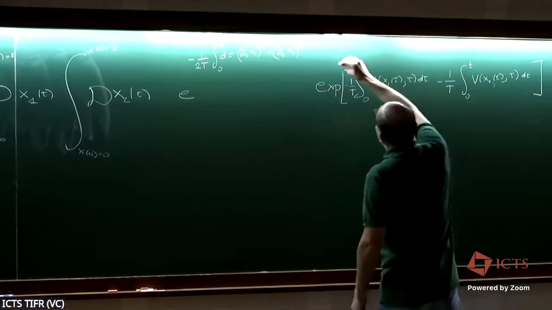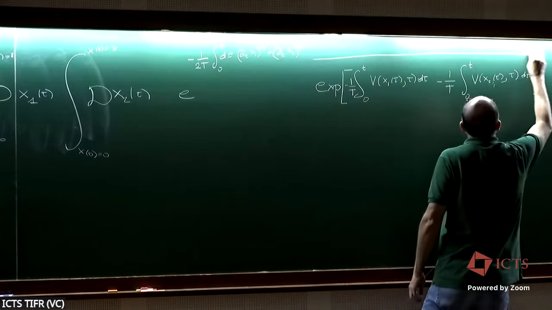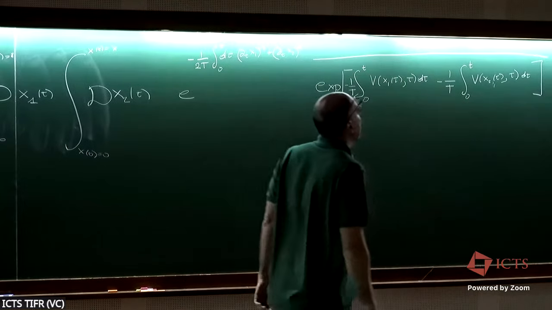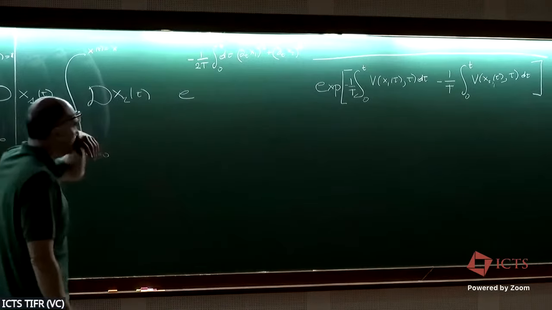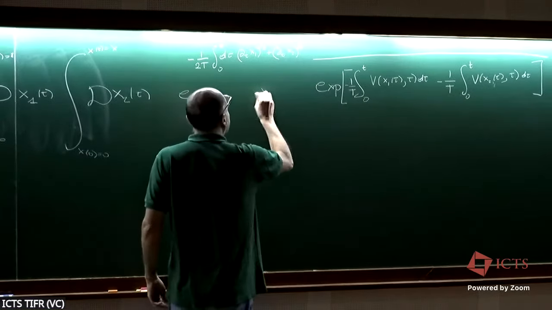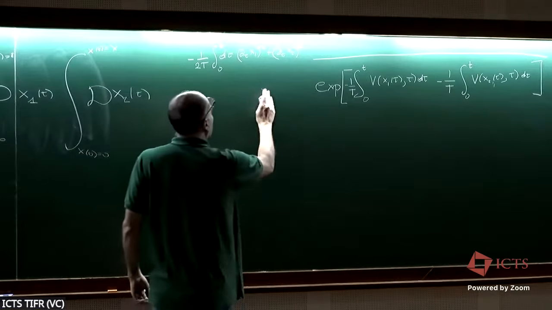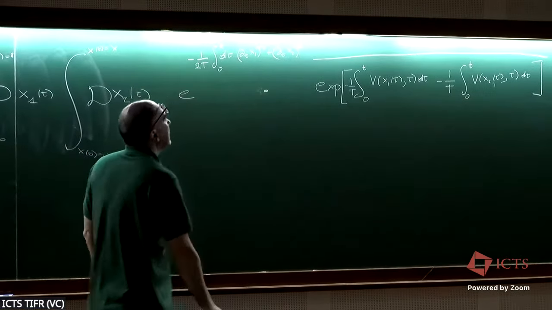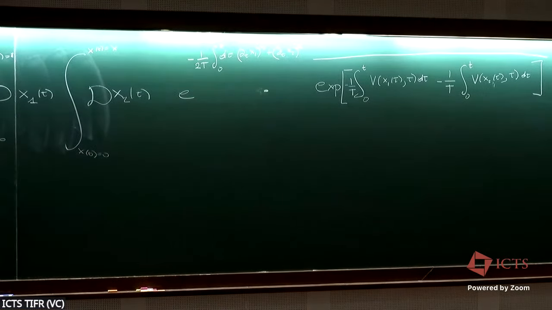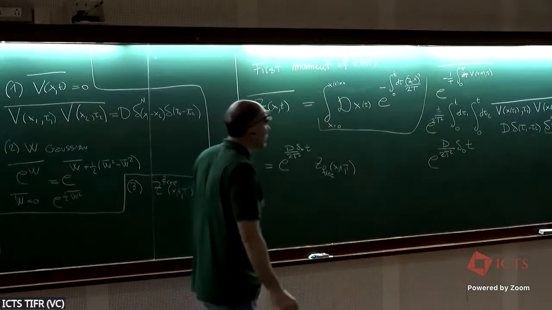And this should be averaged over the disorder. Okay? So we have to use again this formula. Again, the average is 0, but this we have to compute.